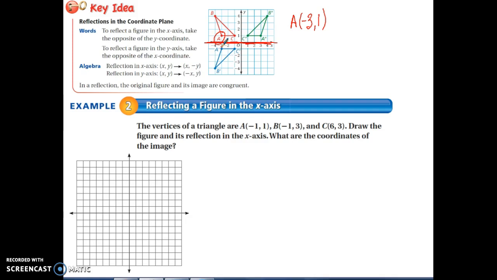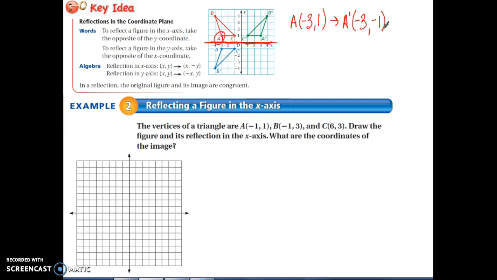So I would end up at A prime, which has the coordinates -3, because we didn't move left or right at all. We left our x value the same. But instead of going up 1, we went down 1, so our y value becomes negative.